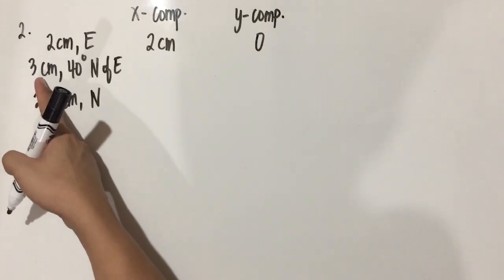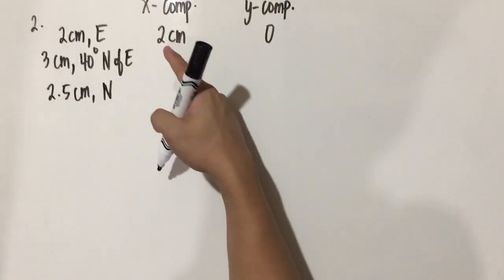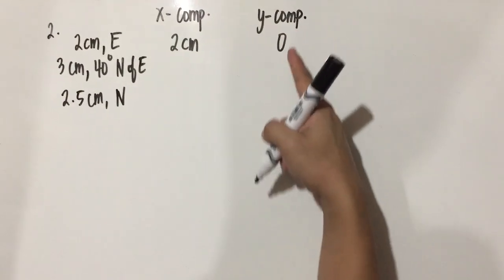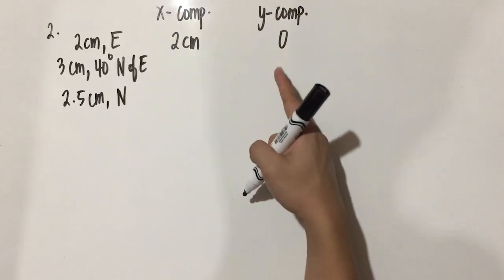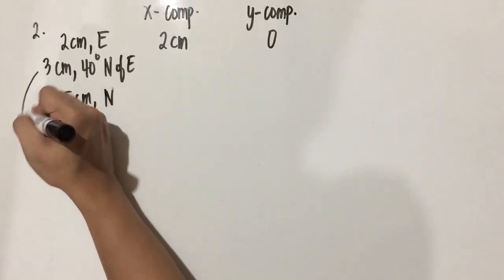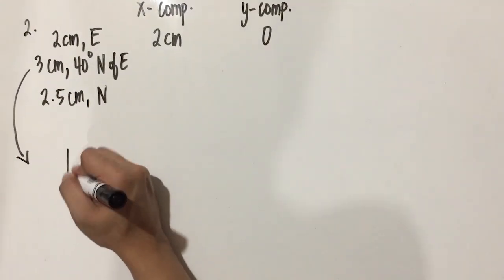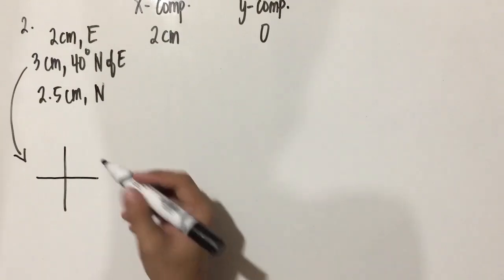Now for 3 centimeters, 40 degrees north of east, we don't know exactly the x component and the y component. So what we're going to do is identify the value for the x component and the y component using trigonometric function. So draw a Cartesian plane.